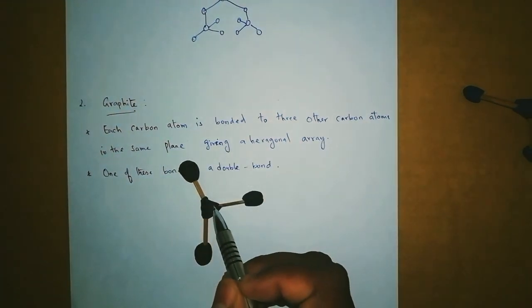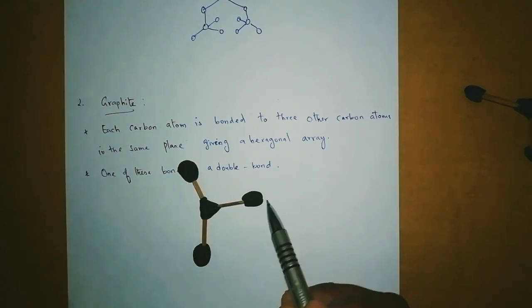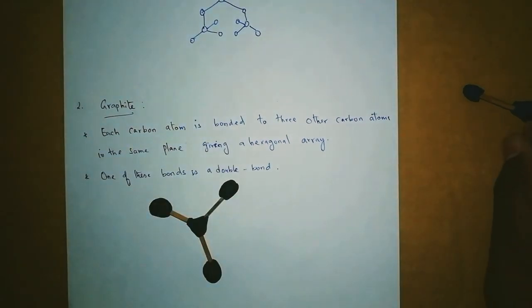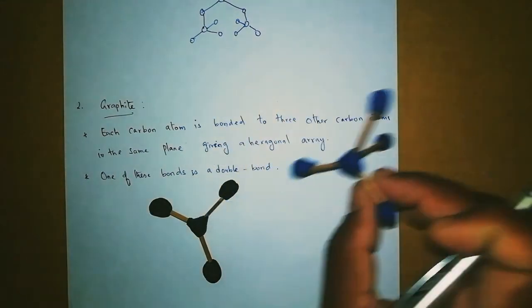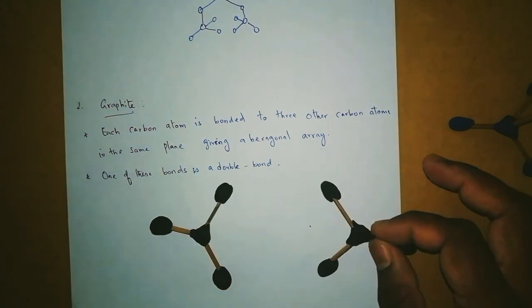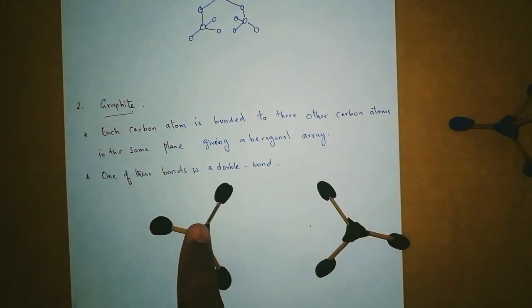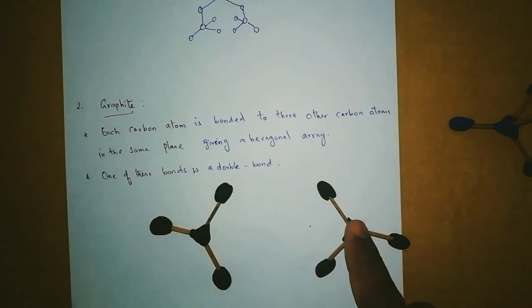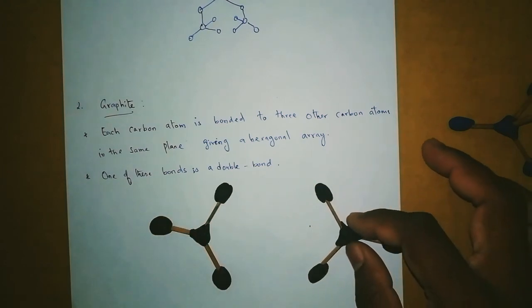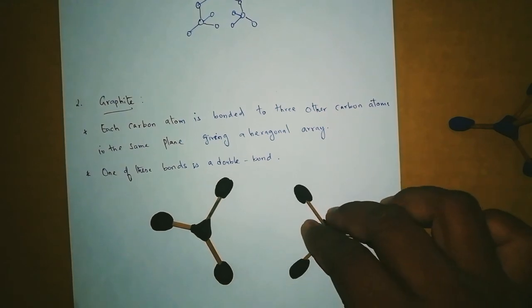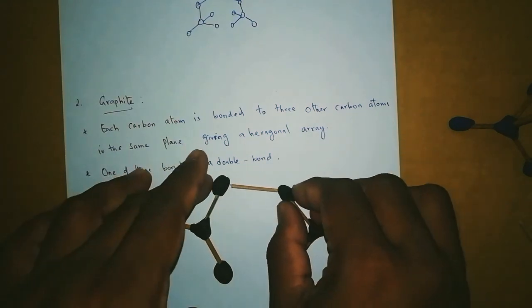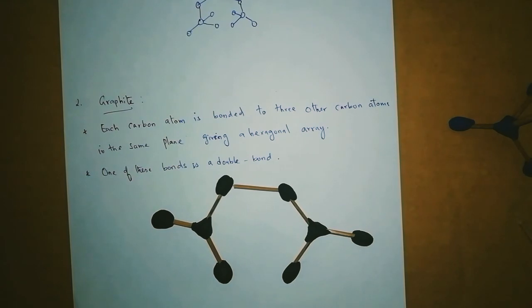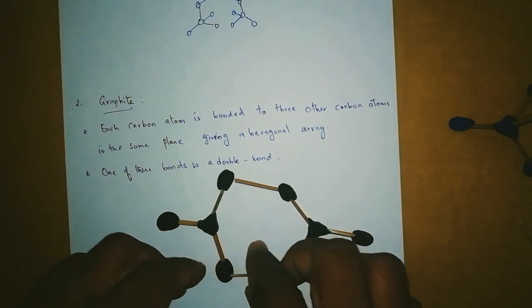This carbon is combined with 3 carbon atoms, not like this one, which is combining with 4 carbon atoms. Here this carbon is combined with 3 carbon, and this carbon is combined with another 3 carbon. So now these two are going to combine like this, with some of these bonds attached to themselves. So you can see that they look like a hexagonal structure.